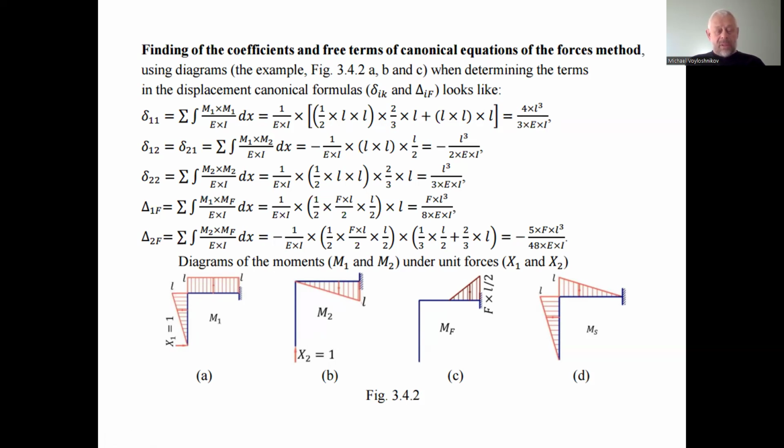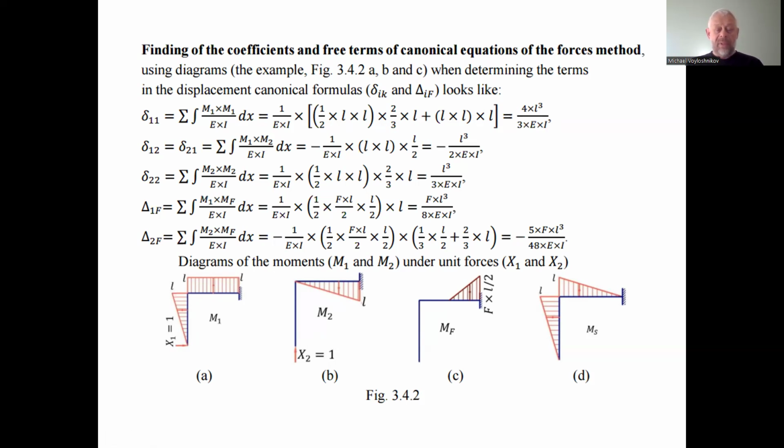We can use the widely used so-called Vereshchagin rule. The Vereshchagin rule is not the only one. Other rules can be used for practical needs.